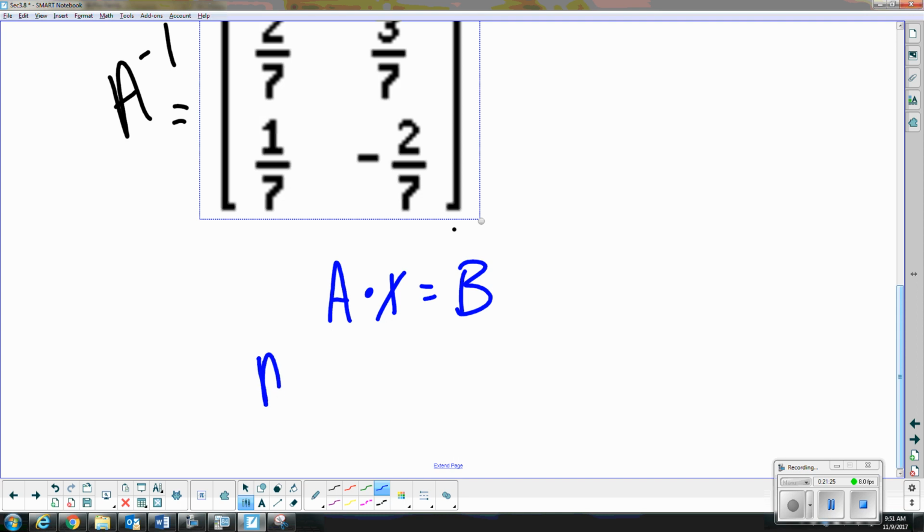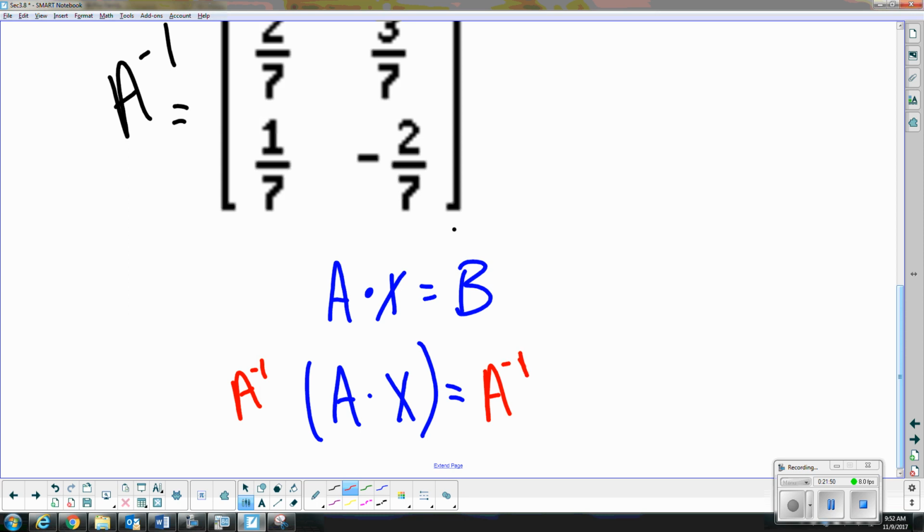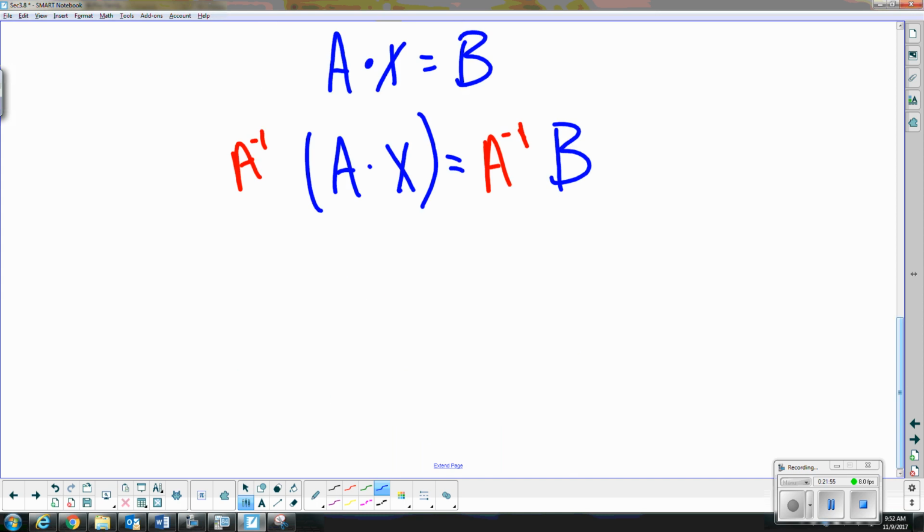So if we do A to the negative 1 times A times X equals A to the negative 1 times B, here we have the associative property holds true for multiplication of matrices.